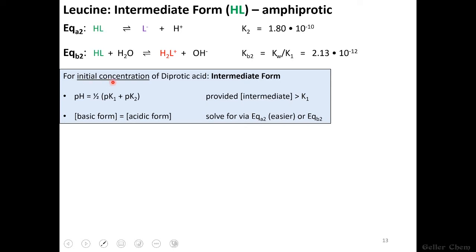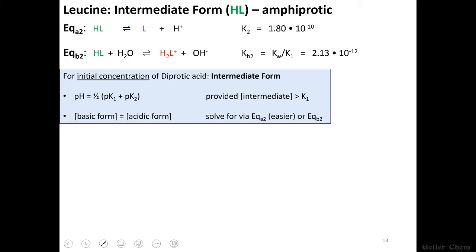So, for the initial concentration of the diprotic acid in its intermediate form, use this formula for the pH, and we'll prove momentarily that the concentration of the basic form produced actually winds up being equal to the concentration of the acidic form produced. So you can really solve for either one of them, and then you've learned the other.